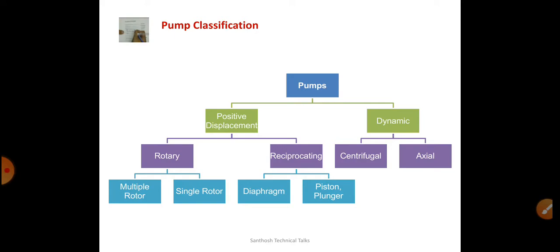Liquids are incompressible, so if we try to compress them, they exert a huge amount of pressure. That pressure will make the materials as well as the pump fail. So that is why we will not start a positive displacement pump with the valve closed.